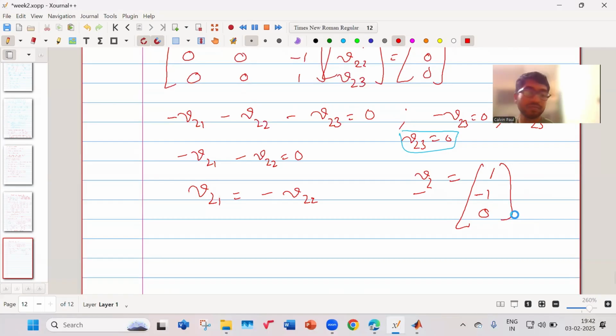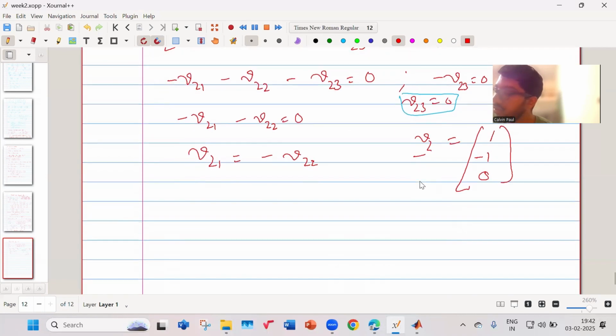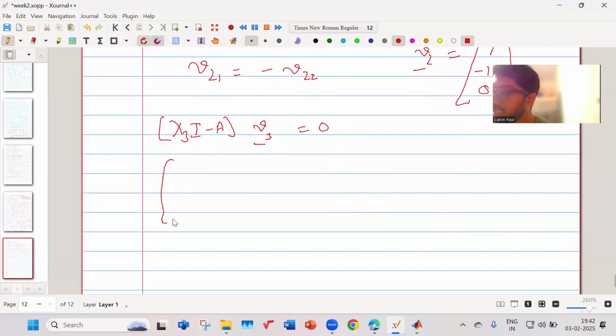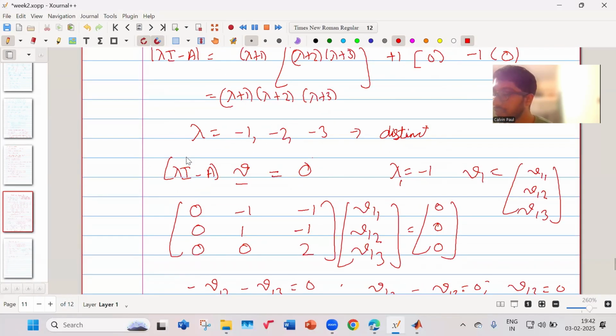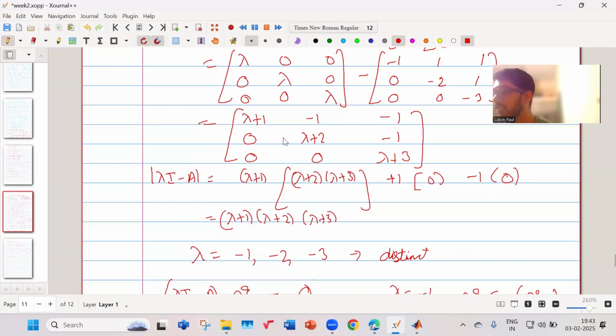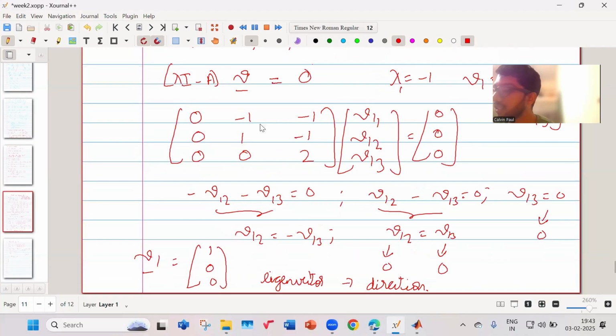Now we have to find the third eigenvector, right? So we have to do lambda 3 into I minus A into V3 bar is equal to 0. So that is lambda plus 1, and lambda is minus 3. So minus 3 plus 1 is minus 2.